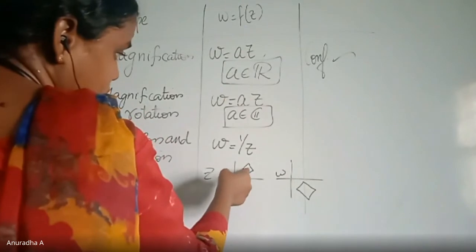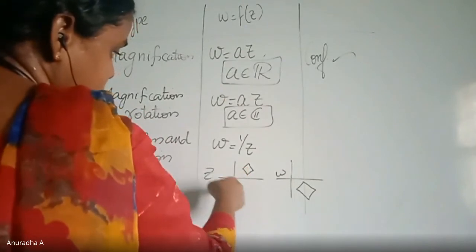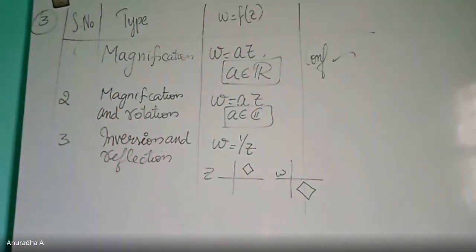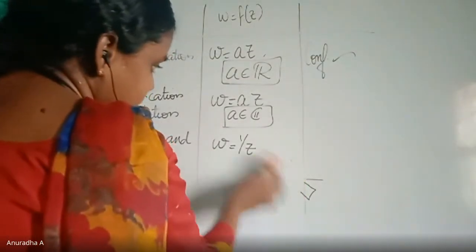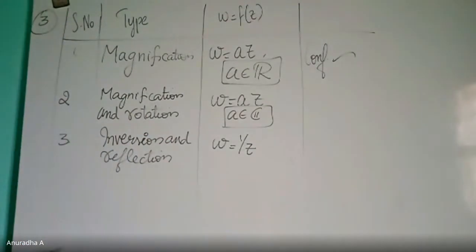Each point that was here at 45 degrees has now changed. So we are doing reflection also. 1 by z means z bar, the conjugate. That is called inversion and reflection.